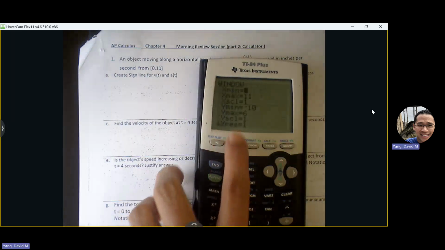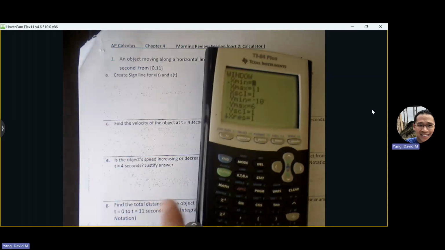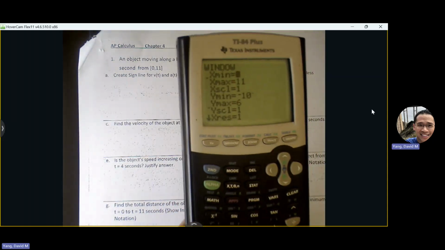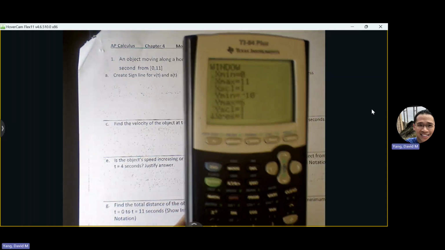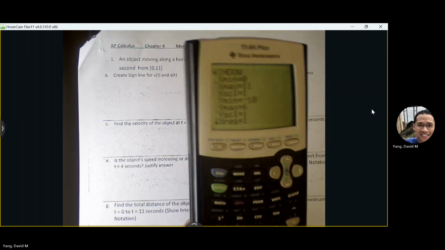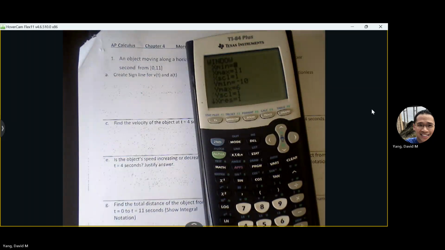So you can go to window and then adjust your Xmin, Xmax. I went from 0 to 11. That just tells me how far left and how far right I want my graph to go. And then I'm adjusting my Ymin, Ymax. You can play around with it. You just want to be able to see the entirety of the graph.